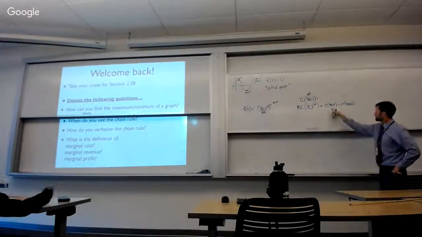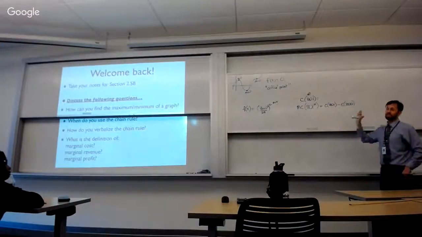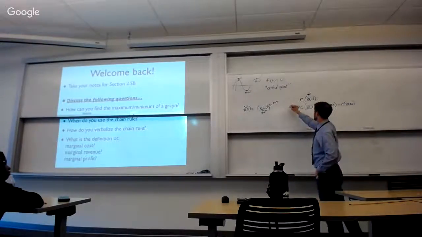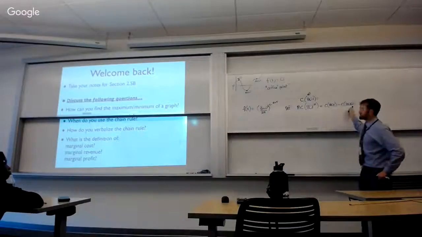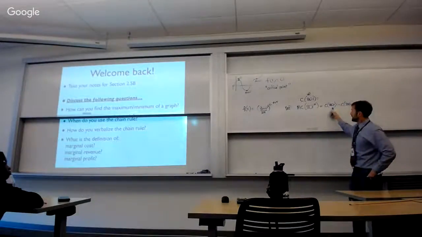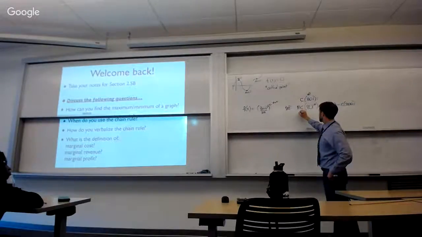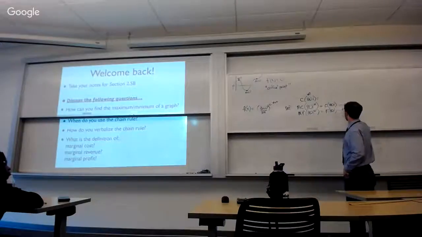That way I'm subtracting out the cost of the first 800 items, and I'm just leaving behind the cost of the 801st item. So this right here is the actual definition of marginal: you subtract out your two to get whatever number you want. And you can do that with profit and revenue. So if I had marginal profit of the 801st item, then I'd be looking at the profit of 801 items minus the profit of 800 items.